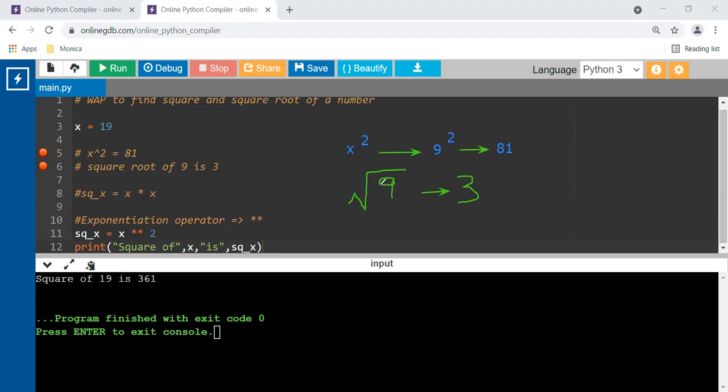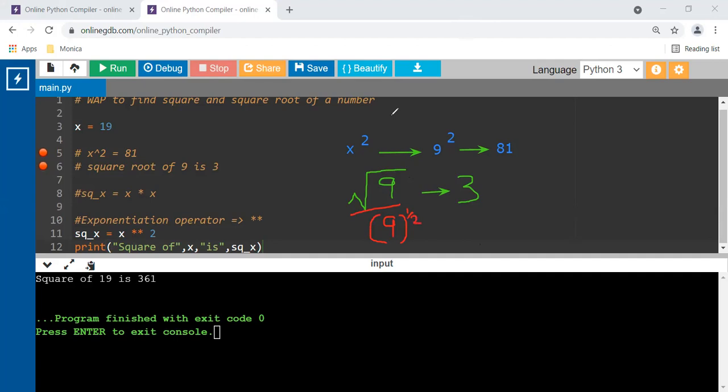What we can do is, rather than thinking of how to write a Python expression equivalent to this mathematical expression, we can actually write square root of 9 in a different manner. We know that square root can also be written as raised to 1 by 2. So can I write square root of 9 is 9 raised to 1 by 2?